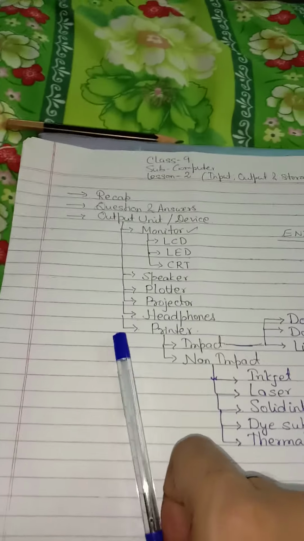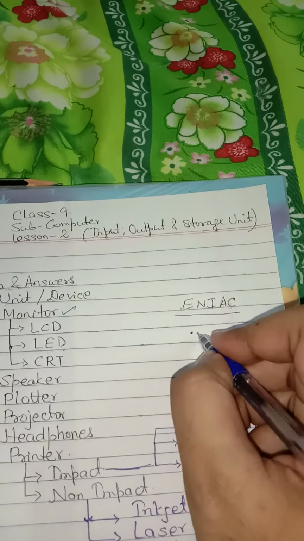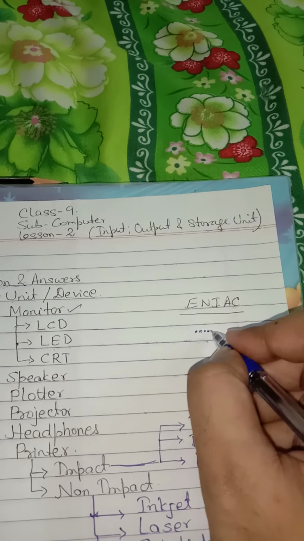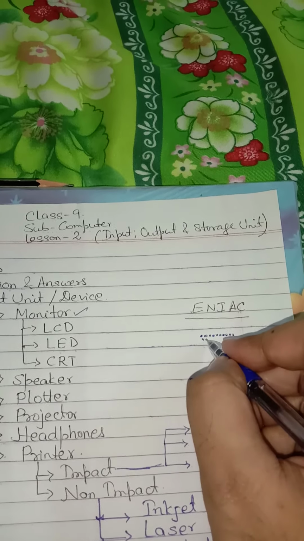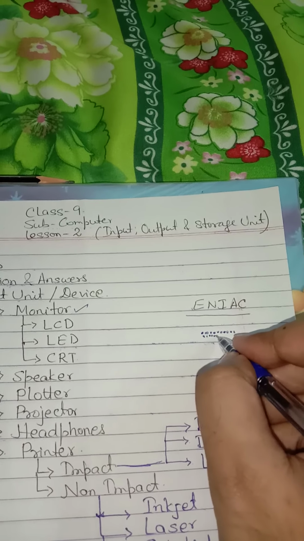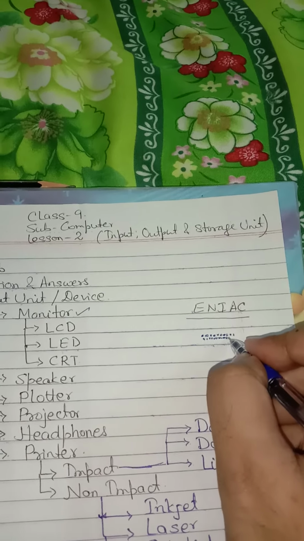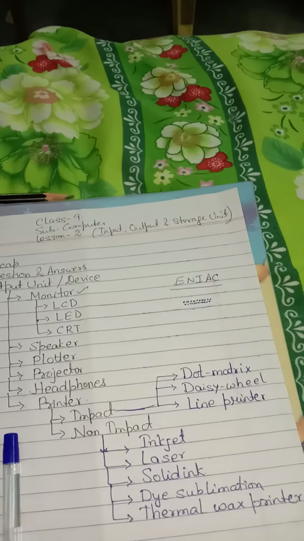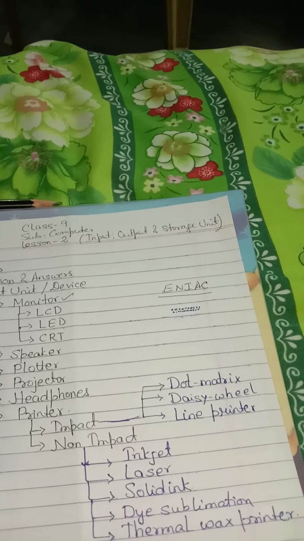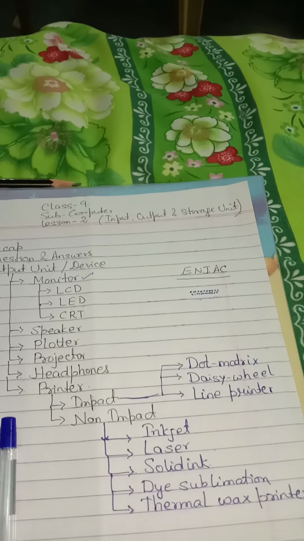These are the tiny dots that are arranged in the form of a rectangle. These tiny dots are known as pixels. The output that is displayed on the monitor is called soft copy.